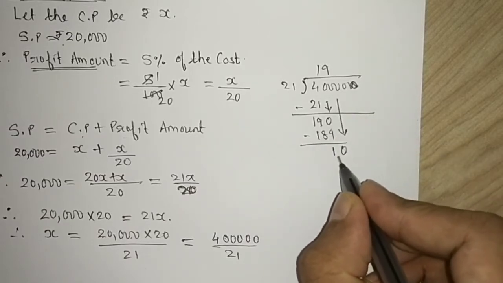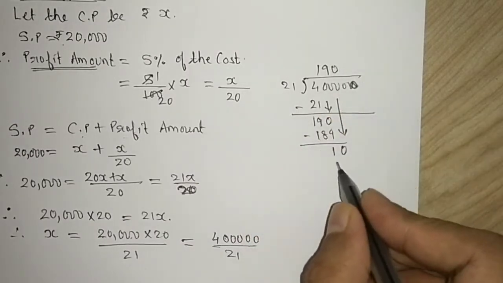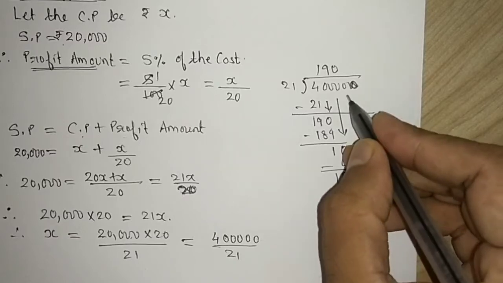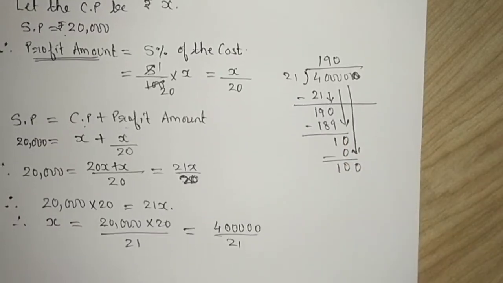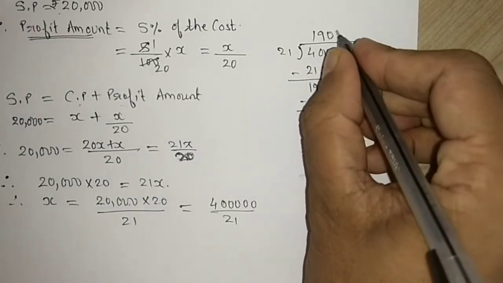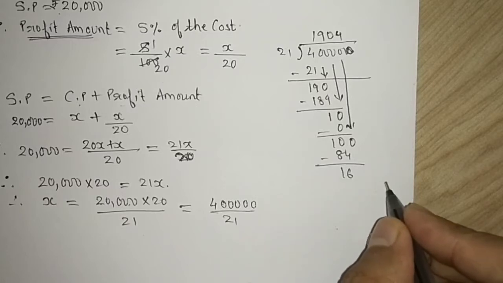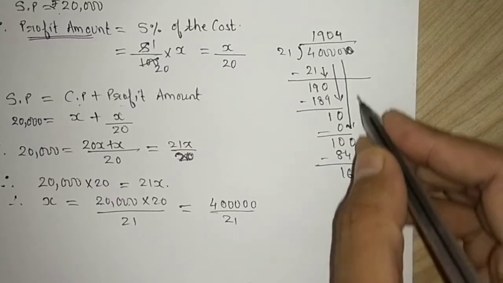But when we see this is 10, which is less than 21, so we will put here 0. So 21 zeros will give me 0. So we will get 10 as it is. Now taking this 0 down, 100. 21 fours is 84. So if we subtract 84 from 100, we will get 16.